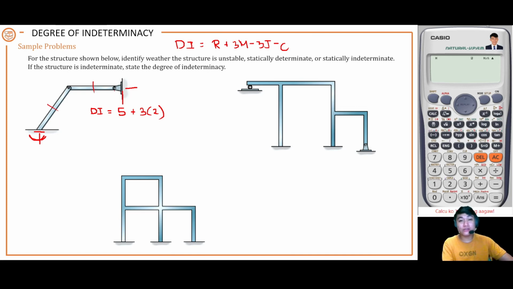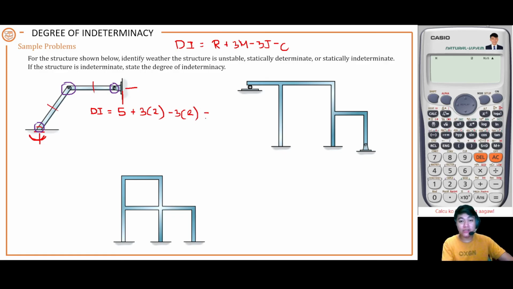How many joints? So we have this joint. The support is also a joint. 1. Okay, all support is considered as joint. So we have 1, 2, and then 3. Plus or minus 3 times the number of joints. So 2 joints.